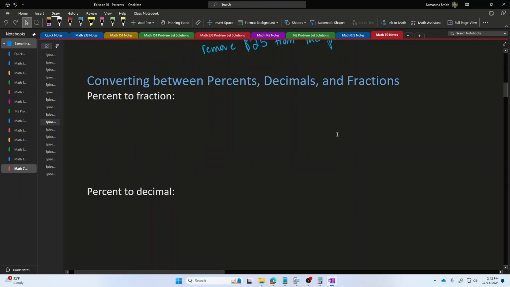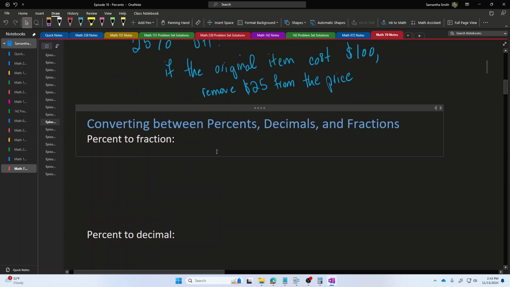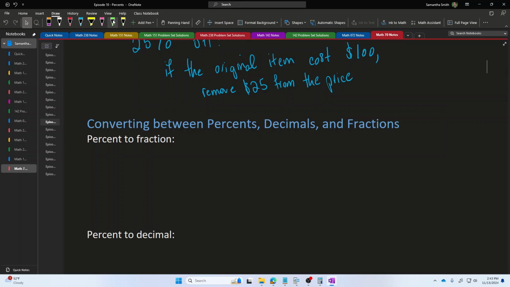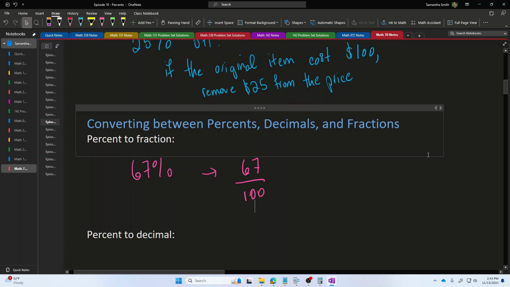So we've talked already about how to convert a percent number into a fraction. A percent number is just that number over 100 if you write it as a fraction. So for example, if somebody said 67%, you would just turn that into 67 over 100 because that is what percent means, number out of 100.